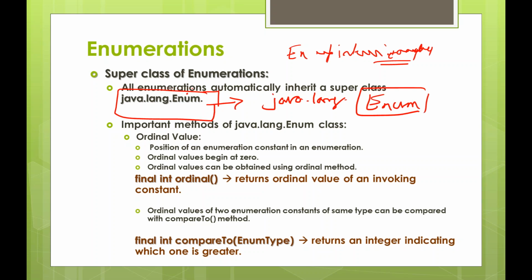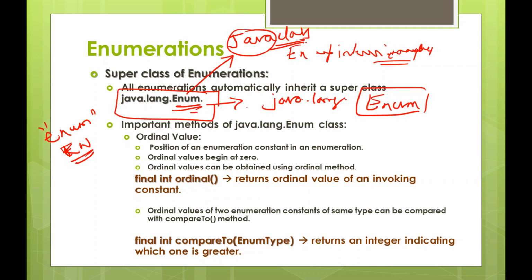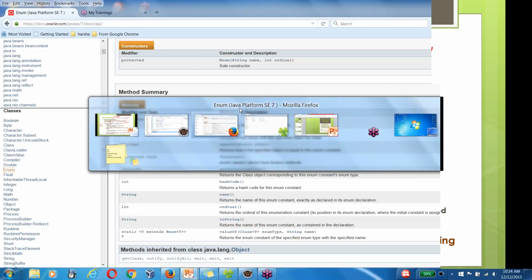Here, Enum is a Java class, but enum is also a keyword. There are so many methods associated with that Enum class.